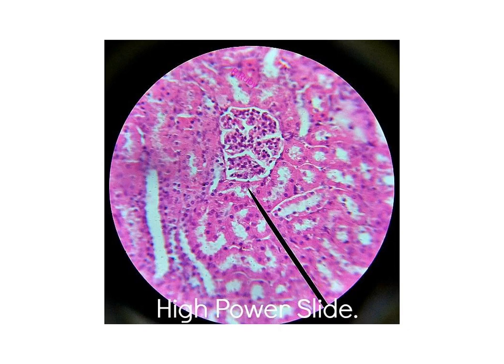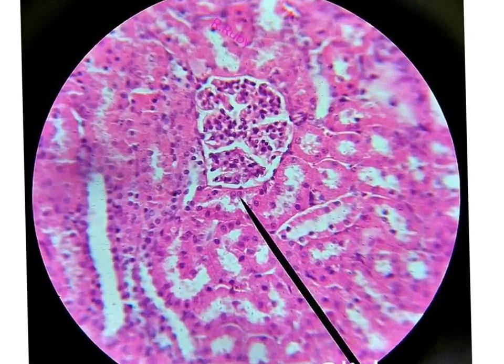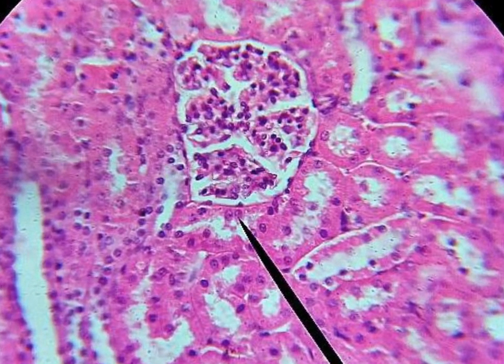Now this is the first slide in the epithelium. In this slide you can see the glomerulus in the Malpighian renal corpuscle, and at the periphery we have these flat cells with flat nuclei. Look at the picture.